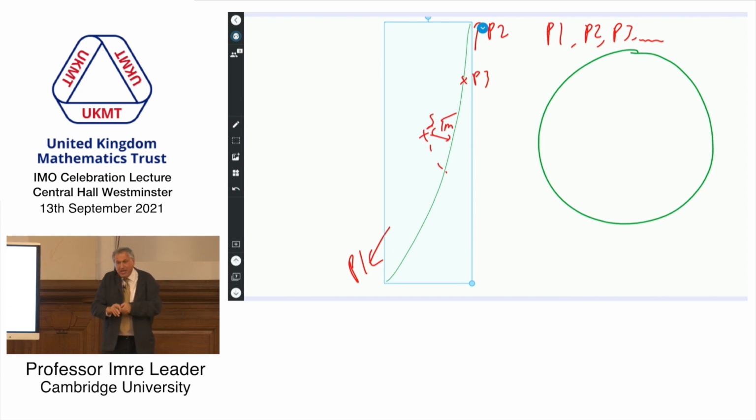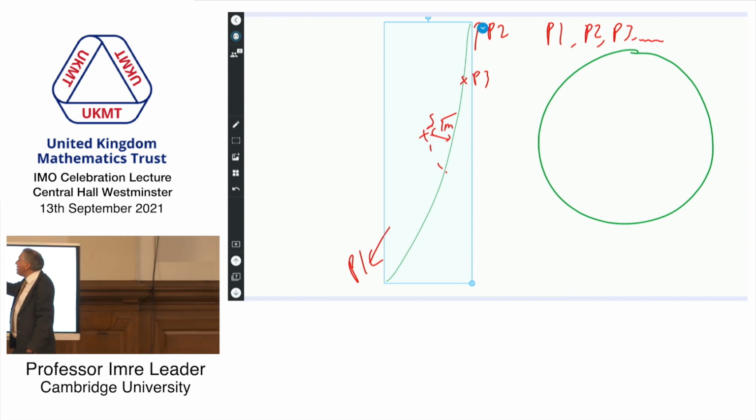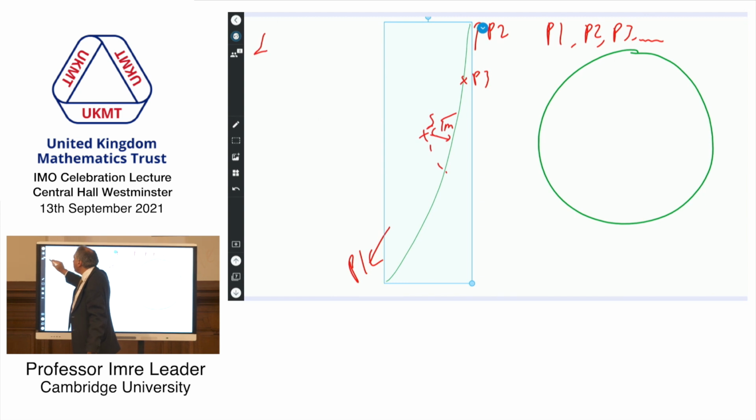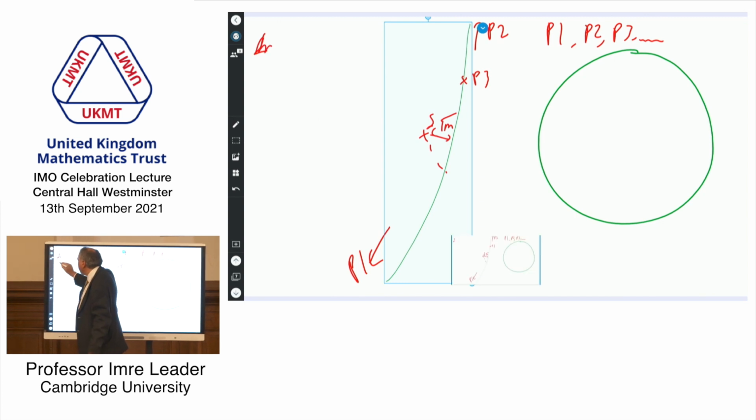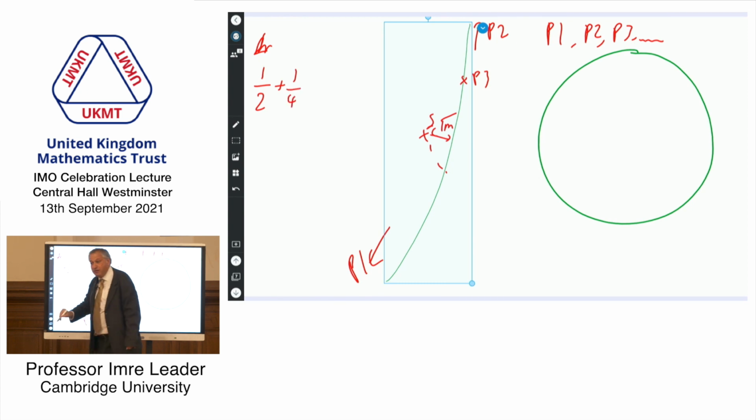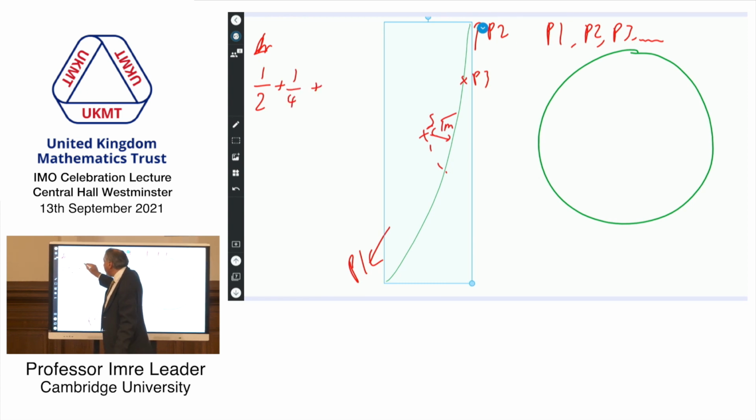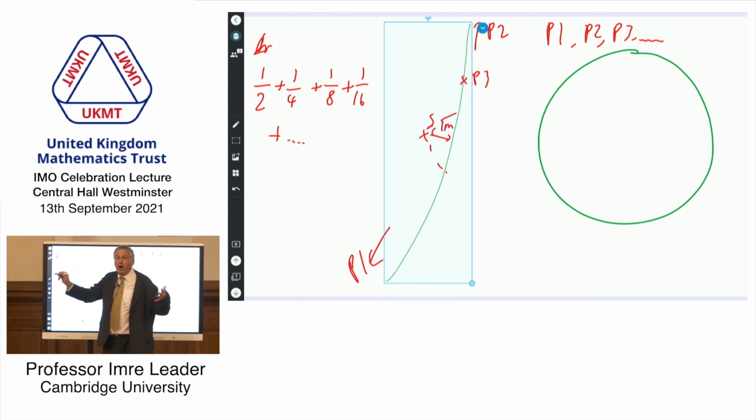Put another way, if you add up on your clock the first half hour of your drive, and you add the next 1/4 of an hour, that leaves 1/4 of an hour to go. And the next 1/8 of an hour leaves 1/8 to go. And the next 1/16 of an hour, and go on forever, that infinite sum isn't more than 1.